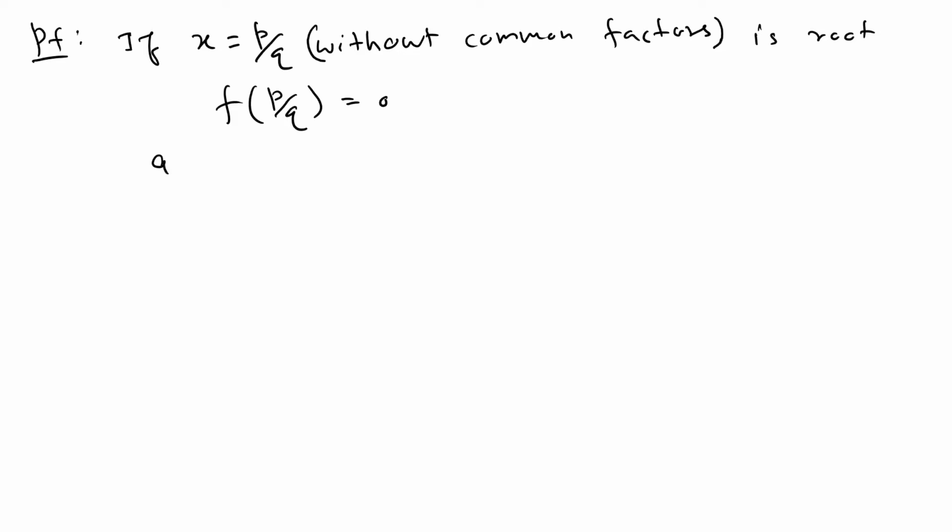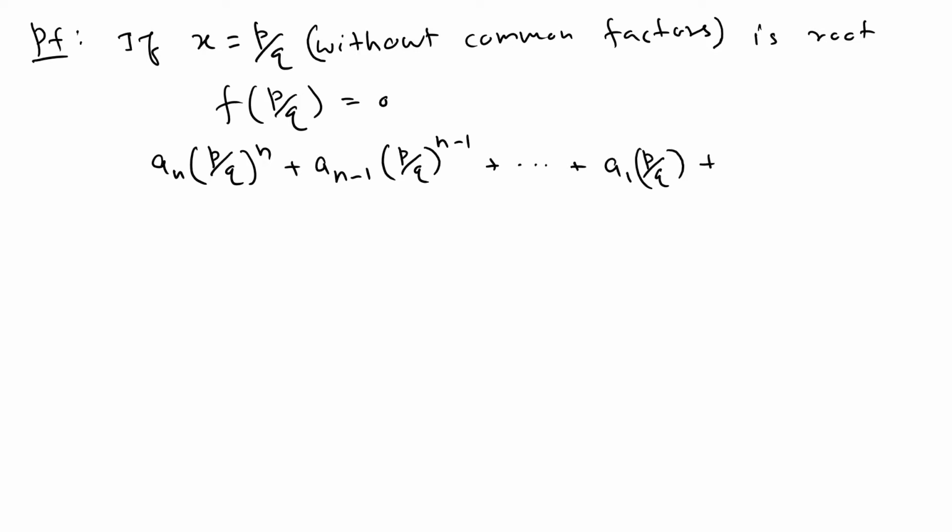By substituting, we can write a_n (p over q) to the n, because that's x to the nth power, plus a_(n-1) (p over q) to the n minus 1, and so on. Let's write the last two terms also: a_1 p over q plus a naught equals 0.